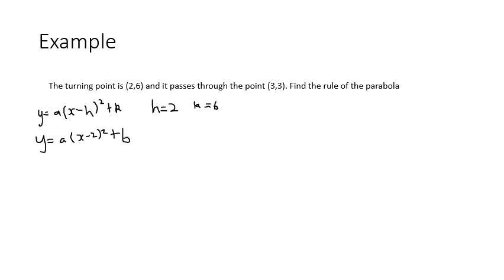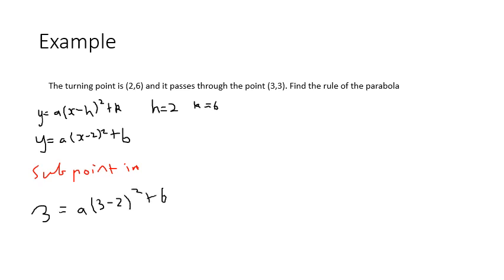But now we still have one unknown, which is our a. So like with the factorized form, we're going to sub in our point. And our point is (3, 3). So y will equal 3 and x will equal 3. So we'll have 3 is equal to a brackets 3 minus 2 squared plus 6. And now 3 minus 2 is 1.